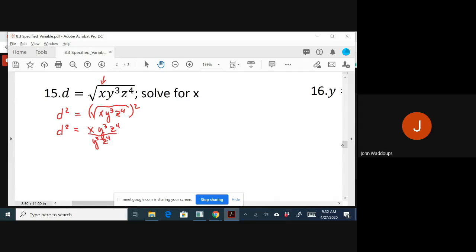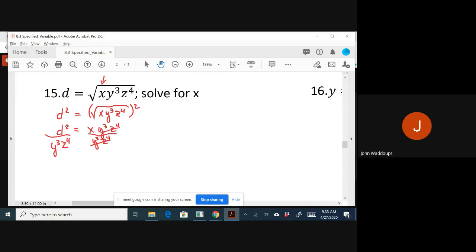If we're doing it on the right, we have to do it on the left as well, so that'd be d squared divided by y cubed z to the fourth.